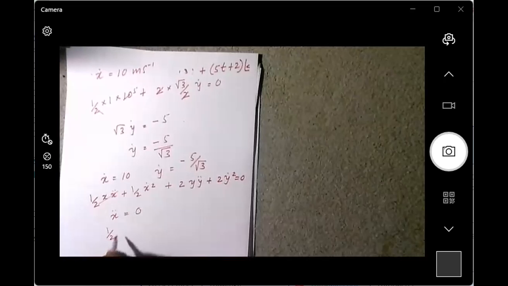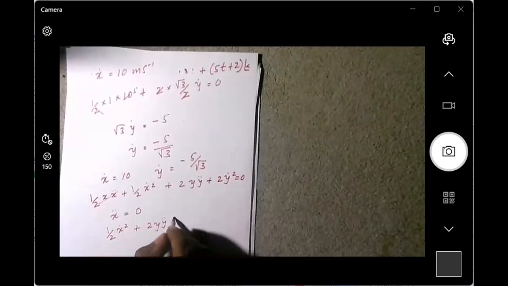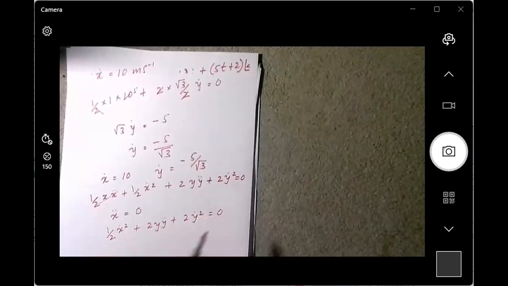You are going to end up with half x dot squared plus 2y y double dot plus 2 y dot squared. Right, the only unknown in this one is y double dot when x is equal to 1 meter.